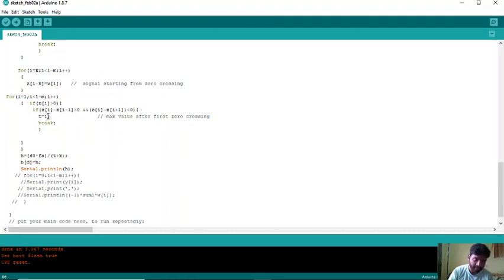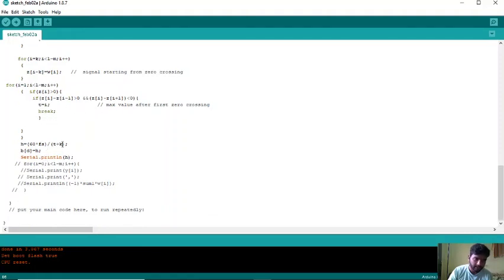We find the first maximum of z of k, get that index, and store it in t. Since the signal is taken from the first zero crossing, we have to add the index of the first zero crossing, so we add the k value to t, and then we find the BPM.